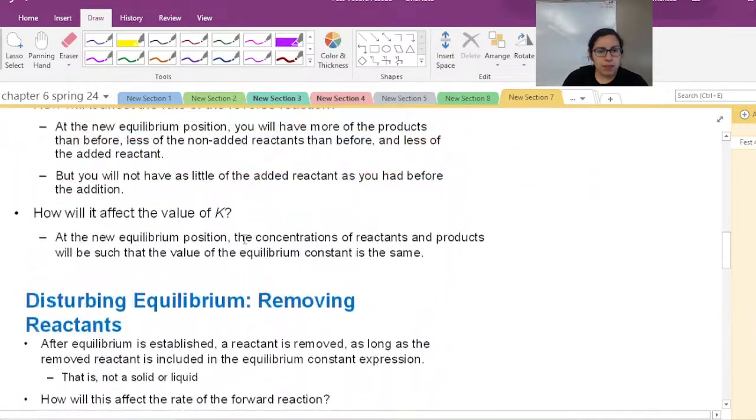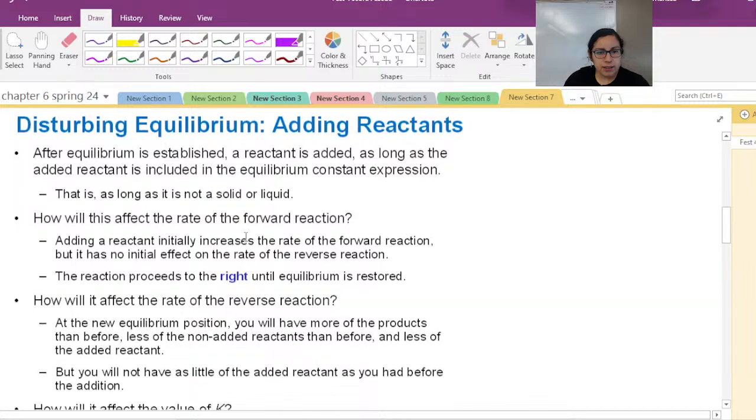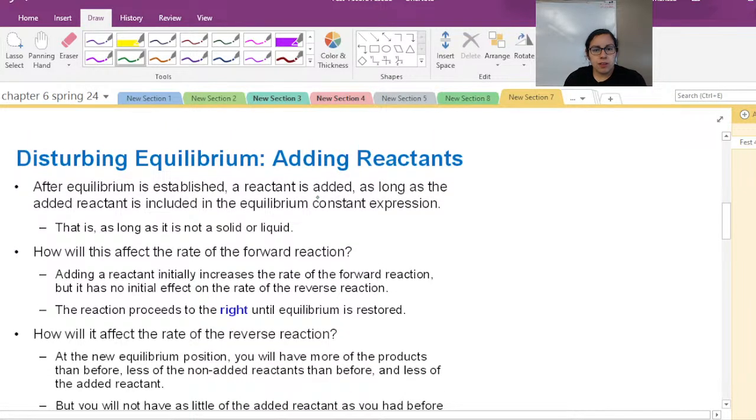Let's keep thinking about that. We'll go back to the text here. It says, as long as it's a reactant included in the equilibrium expression. It makes a weird statement that says, as long as it's not a solid or liquid, and that's because it has to affect the concentration.